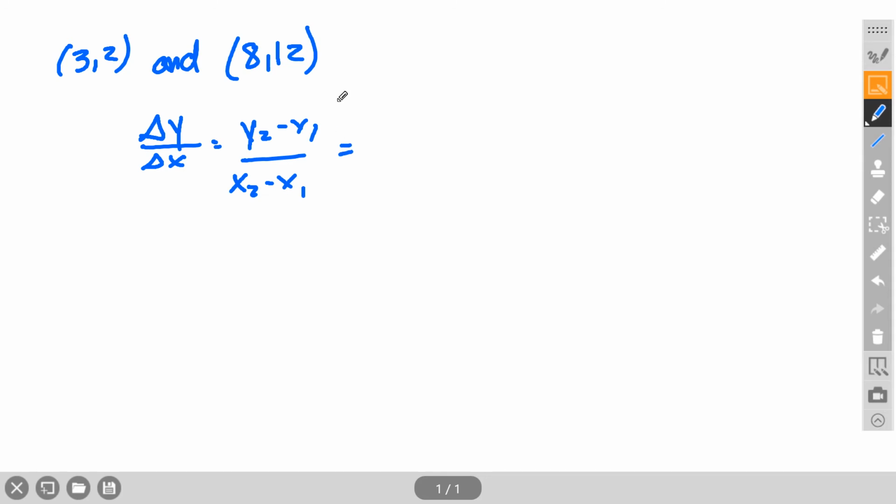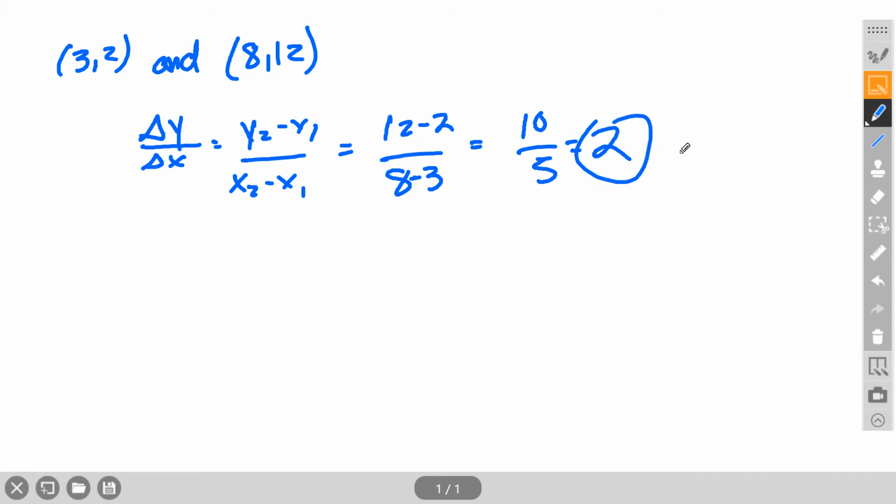So in this case, we have 12 minus 2 over 8 minus 3, and we'd have 10 over 5, which is 2. So our slope for number 1 would be 2.